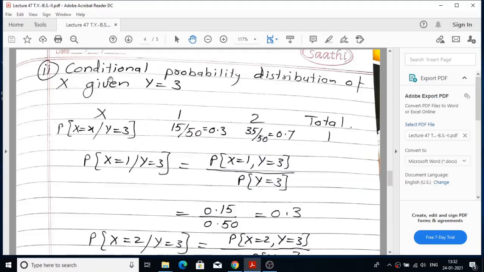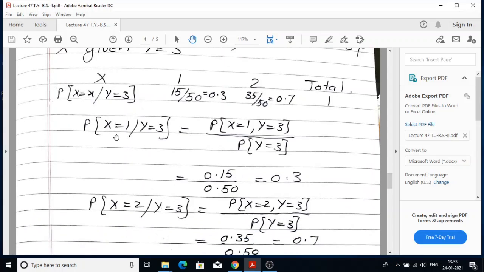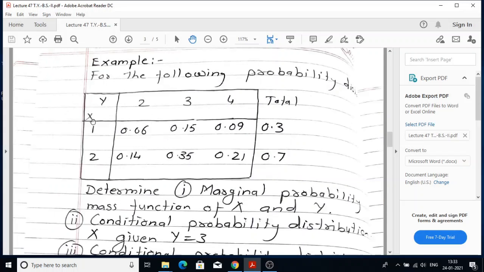The second part of the problem, we have to find conditional probability distribution of x given y is equal to 3. So the possible values of x are 1 and 2. Probability x is equal to x given y is equal to 3. We have to find both the probabilities. So first, probability x is equal to 1 given y is equal to 3 is equal to probability x is equal to 1, y is equal to 3 divided by probability y is equal to 3 marginal. So x is equal to 1, y is equal to 3, the value is 0.15.